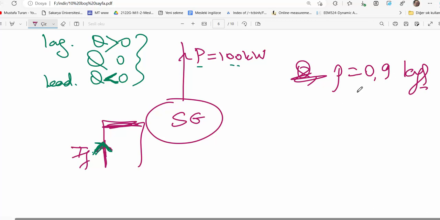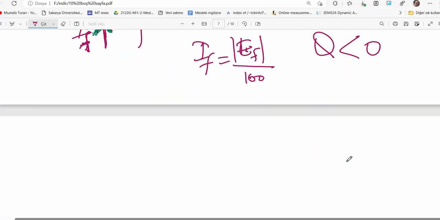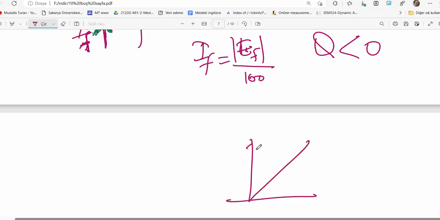That means there's a phase difference and the reactive power must be negative, but in the question the excitation current is asked. Excitation current is equal to the EF magnitude over 100, that is coming from the no load curve. That is the no load curve.